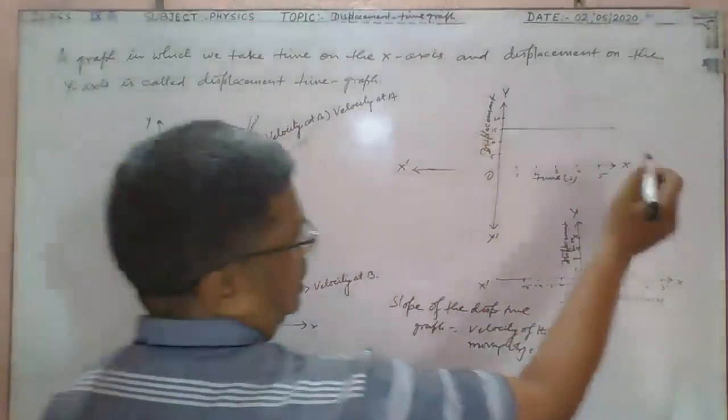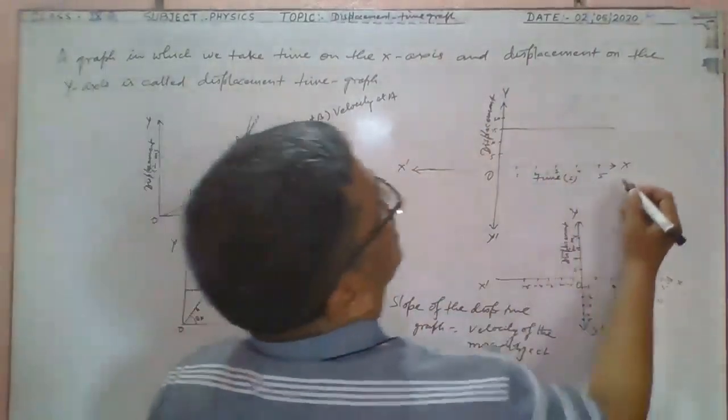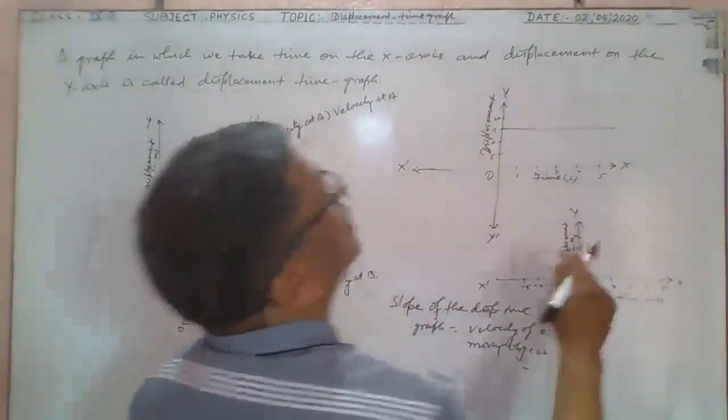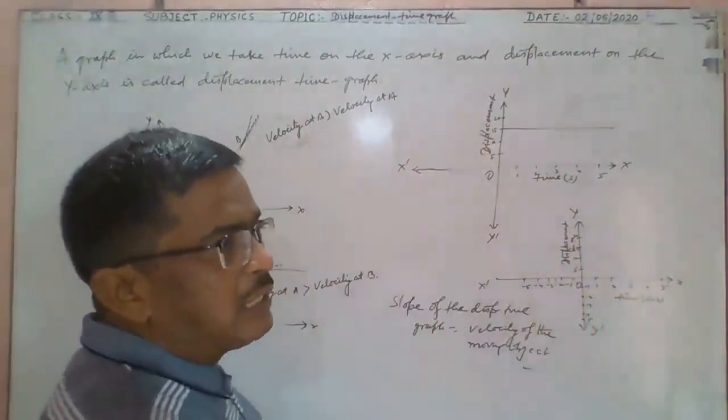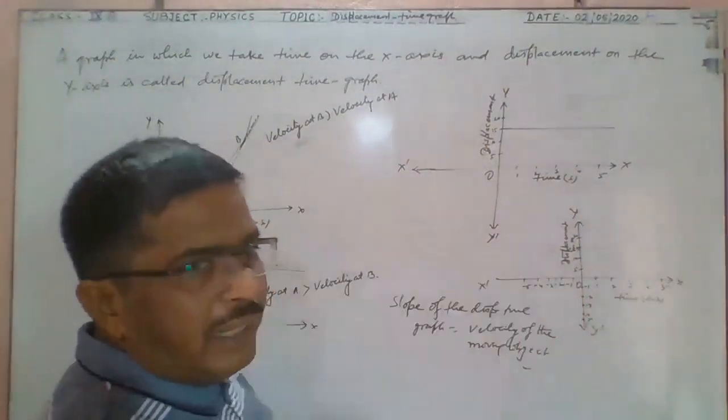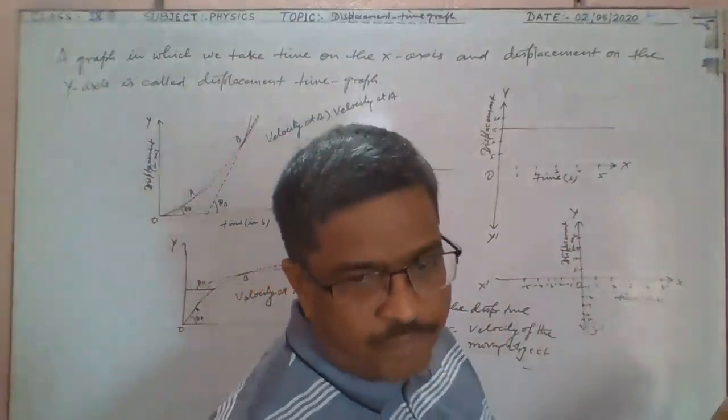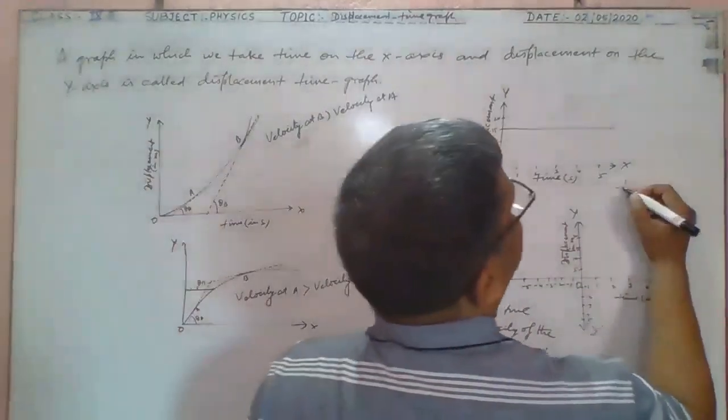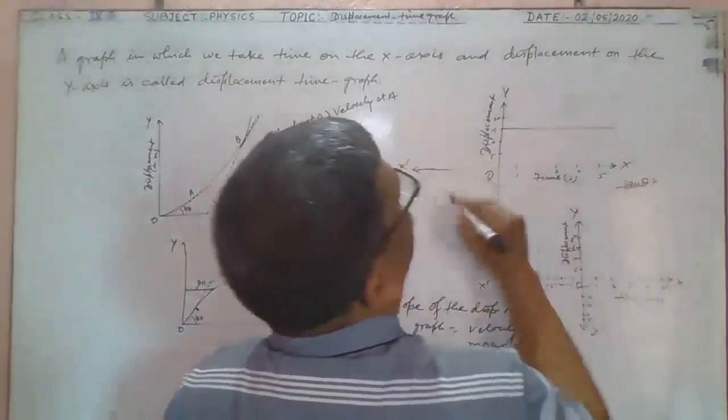In this case, what do you find out? The slope means the distance covered on the y-axis divided by the distance covered on the x-axis. So tan theta equals, in this case, what happens?